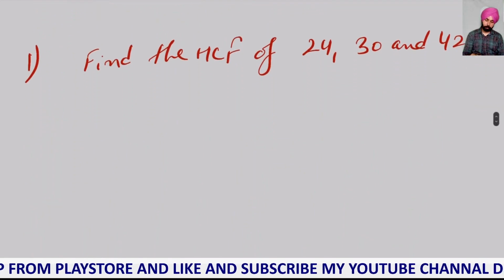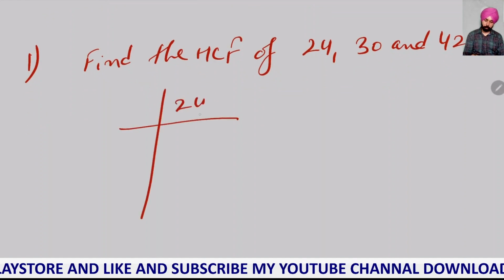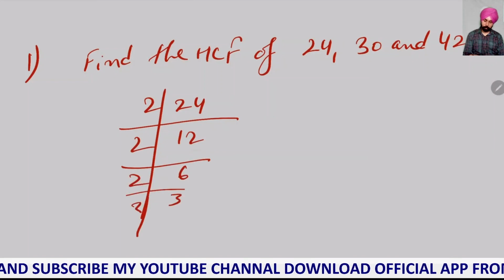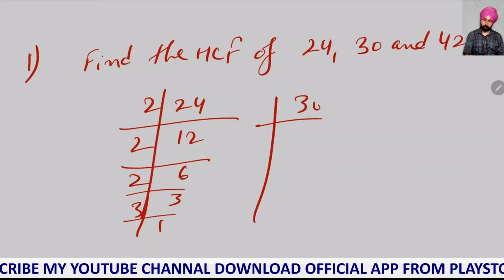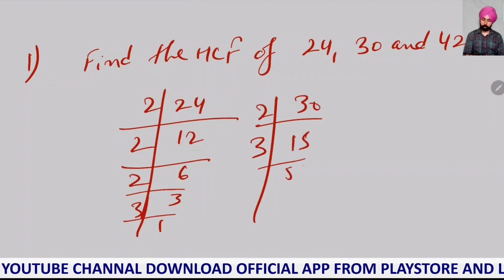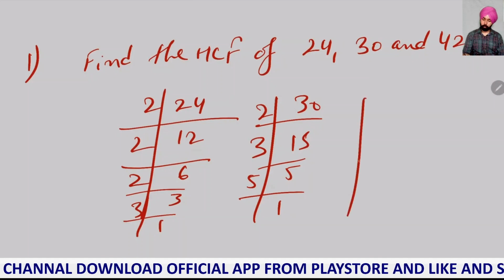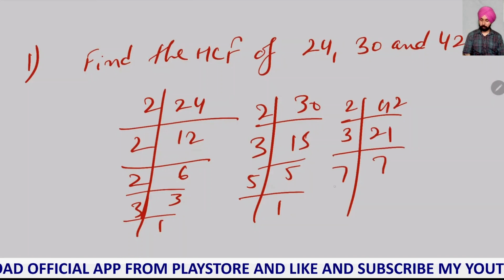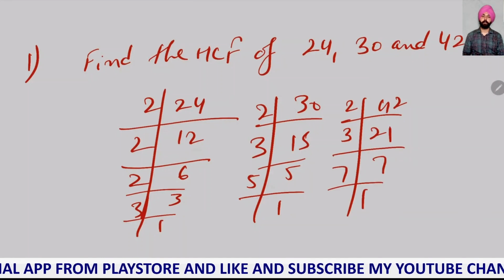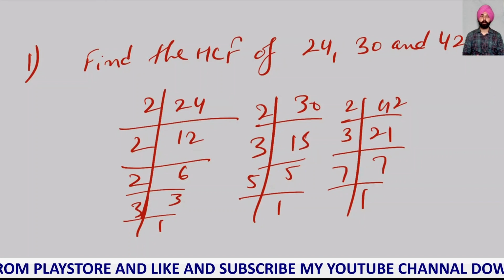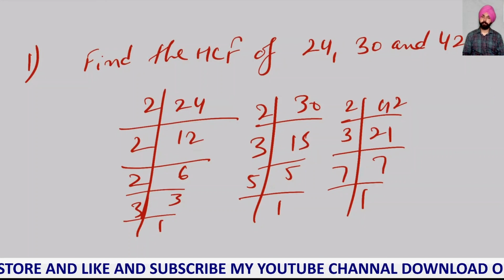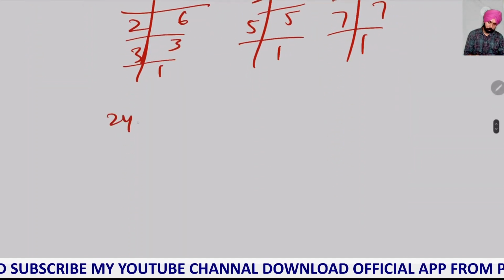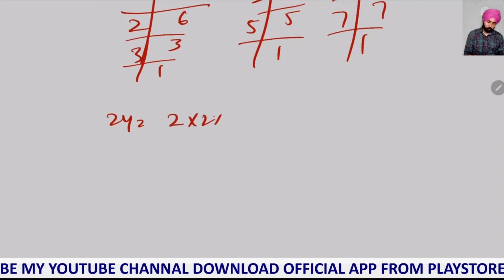Same factorization method: 24 is 2 into 12, 12 is 2 into 6, 6 is 2 into 3, so 24 is 2 cubed times 3.